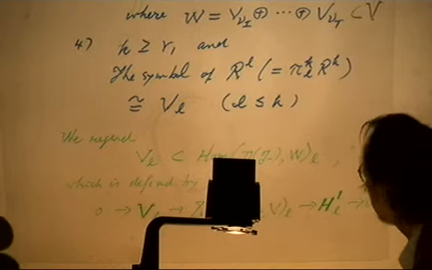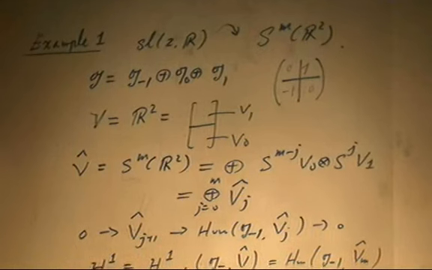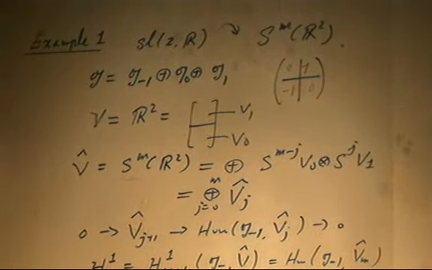Some example, okay. If we take SL2R, the polynomials of homogeneous degree M, symmetric tensor, then in that case, very rapidly, the cohomology groups become like this.